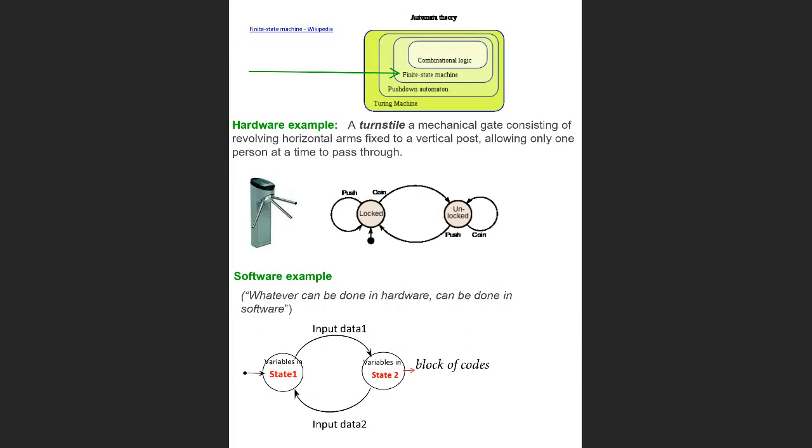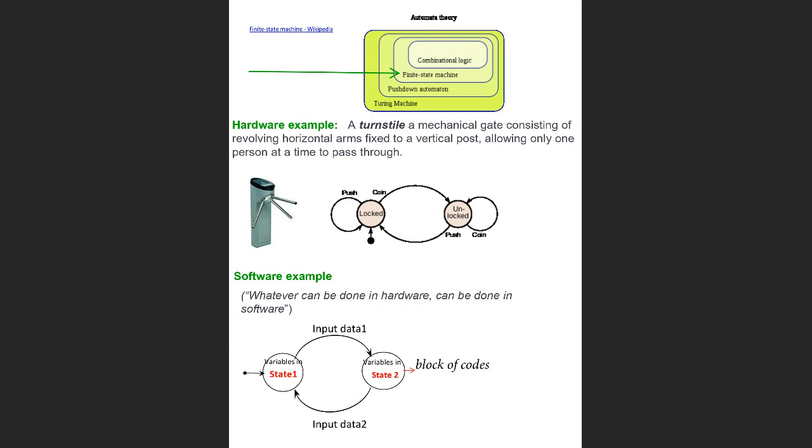One of the popular examples of such finite state machine is a turnstile, mechanical gate consisting of revolving arms fixed in the way which allows only one person at a time to pass through. Such activity of this turnstile machine can be represented graphically, in which we have two states, locked and unlocked.